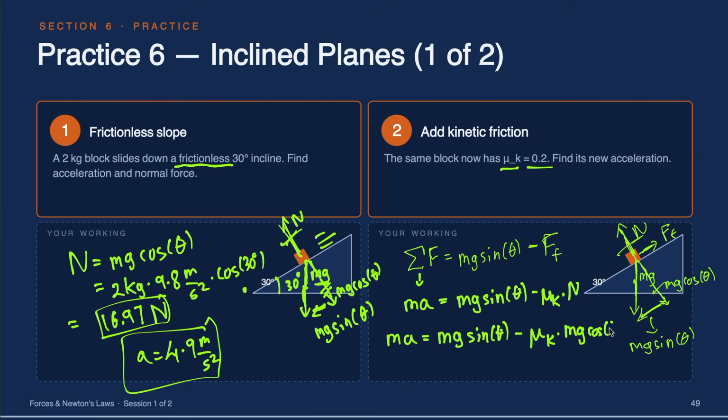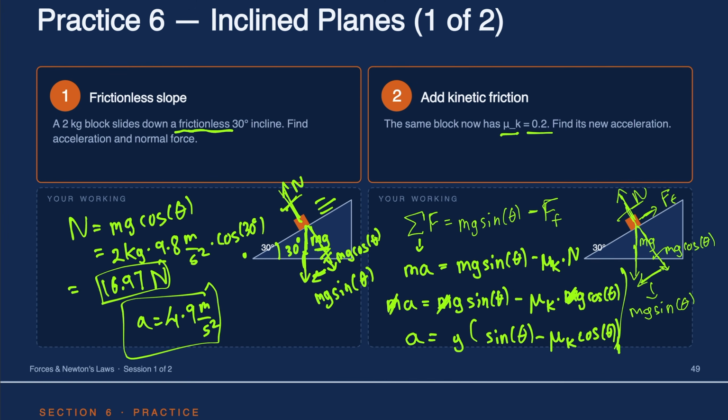So a lot of m's and g's, right? m's can cancel out here. I can factor the g out. a is equal to g times sine of theta minus mu k cosine of theta. And if I substitute in what I need to substitute, a is equal to 9.8 times sine of 30 minus 0.2 times cosine of 30.